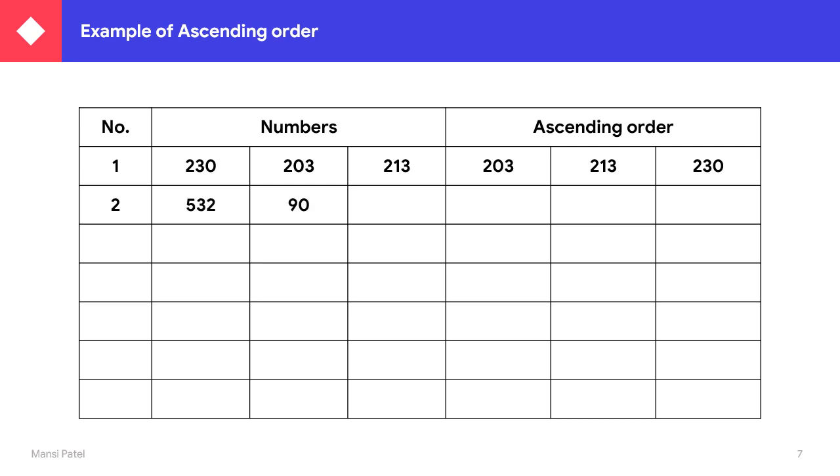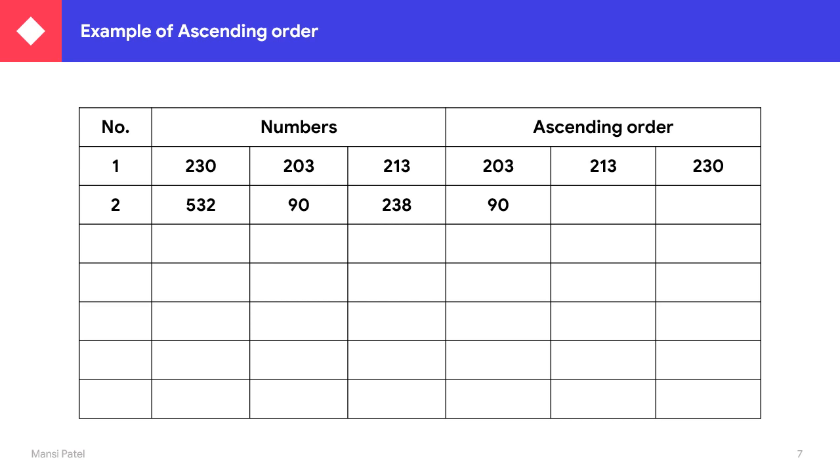230. Number 2: 532, 90, 238. Here we have to apply our rule. First, count the number of digits. Here 90 has only 2 digits. That's why 90 is the smallest number, so write down 90 first. Then the number of digits are the same, so see the first digit.